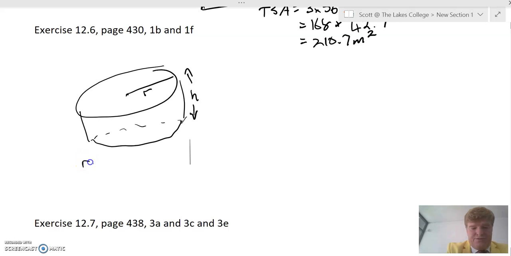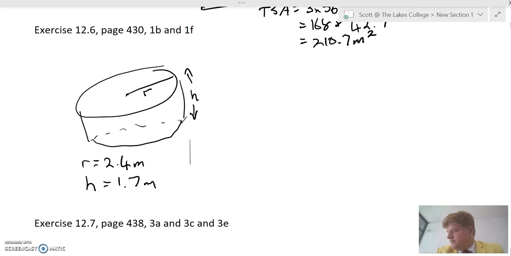R equals 2.4 meters, height equals 1.7 meters. And what they've asked us to find is the area of the curved surface.